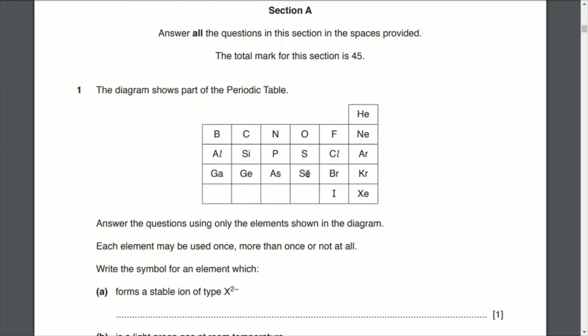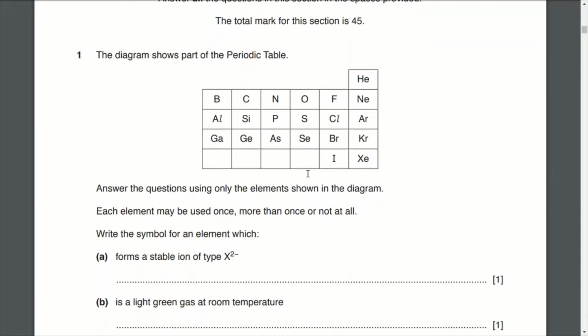From any of these we are going to choose one and write. Also make sure that you are writing these answers correctly. You're not writing O2-, you're not writing O2, you're not writing any other answer except what is given over here. That means you're supposed to write O and not O2-, because here they're asking for X only.